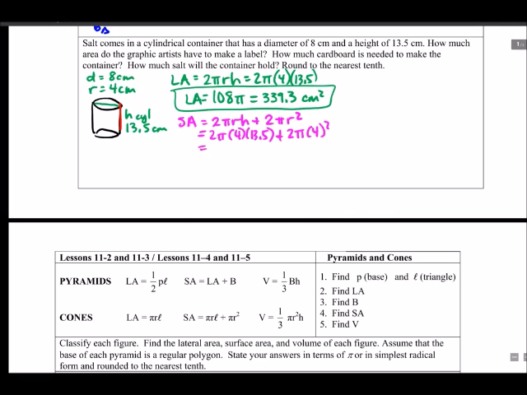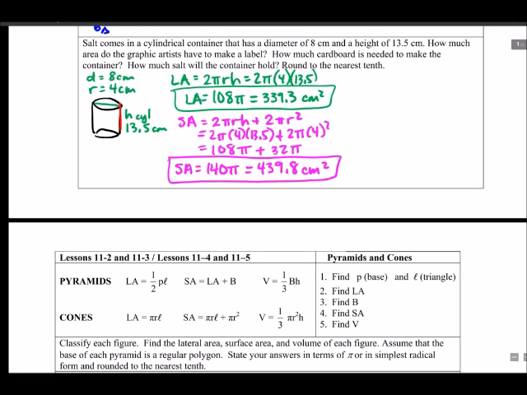We already know the lateral area is 108 pi, plus 16 times 2 is 32 pi. So my surface area is 140 pi, or if we put that into the calculator, 439.8 centimeters squared. Those were fun.